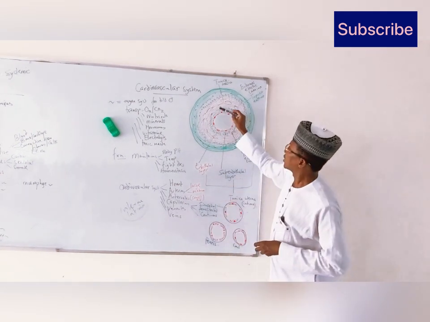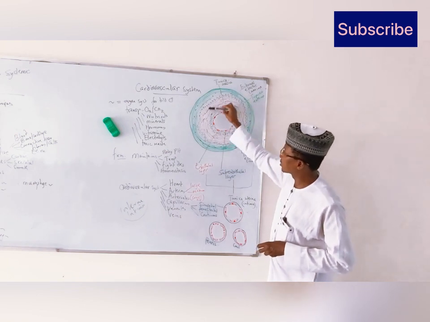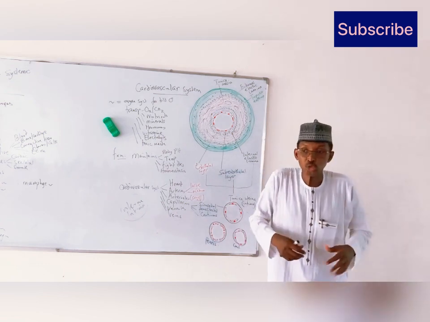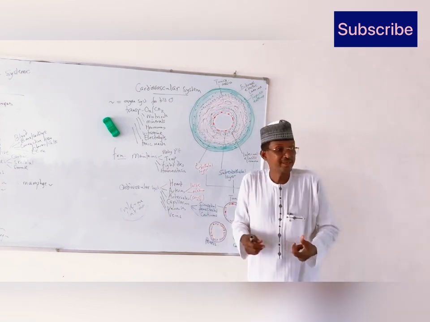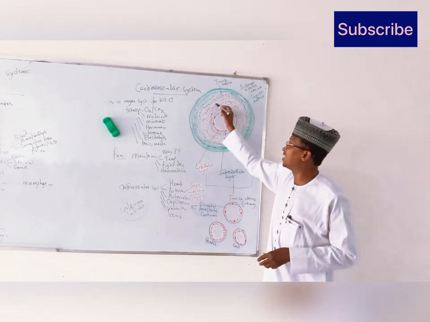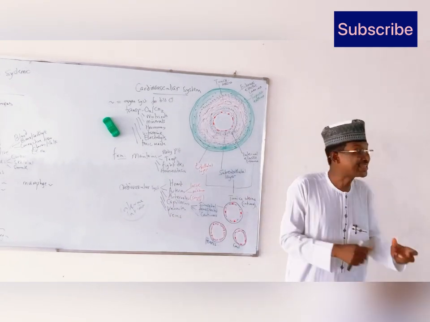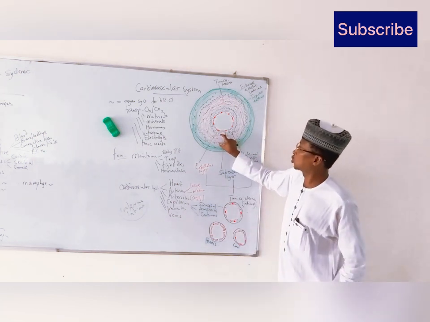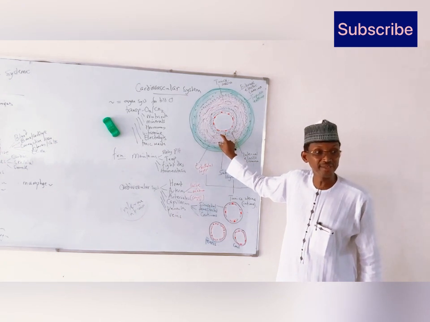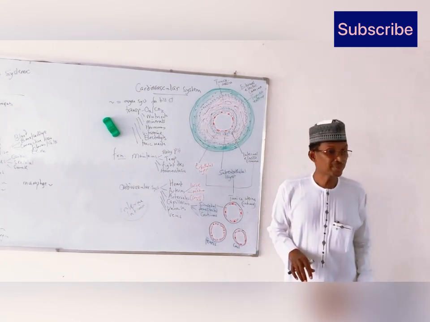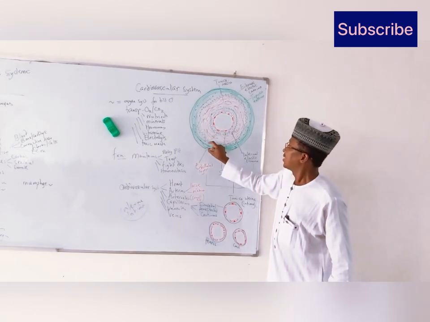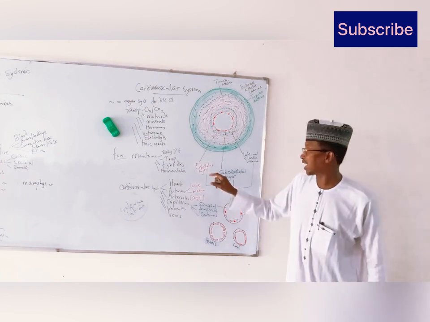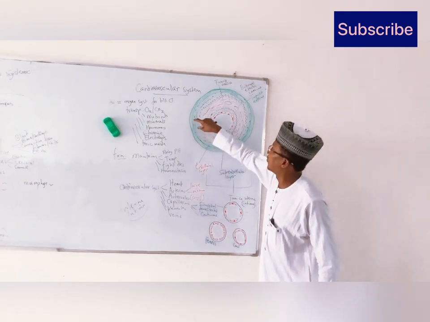So the quantity of the smooth muscle fibers in arteries, because they carry blood with a higher pressure, so as to be able to distribute the blood to the different parts of the body, the tunica media is going to be larger or greater when you compare it with the vein. So the size of the tunica media in the veins is going to be smaller. Are you clear? Good.